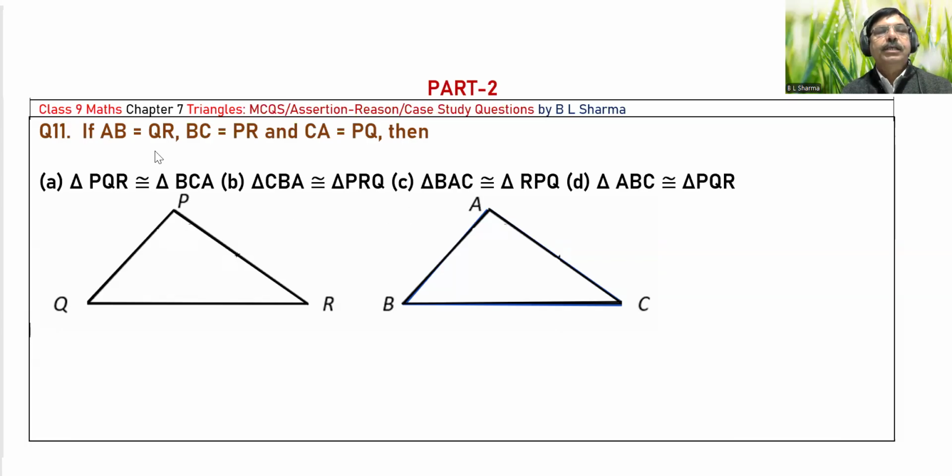So, first question is in the given triangle, AB is equal to QR. You can mark here AB is equal to QR, BC is equal to PR, and CA is equal to PQ.